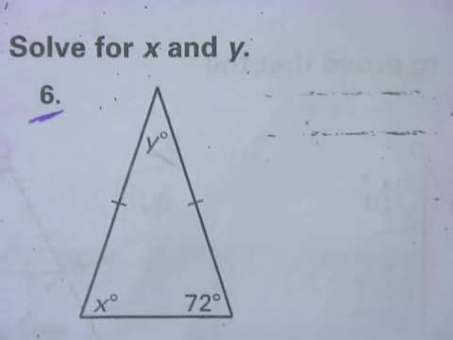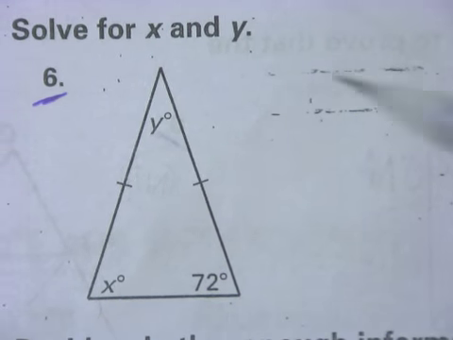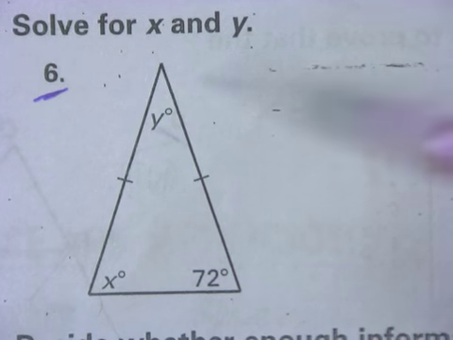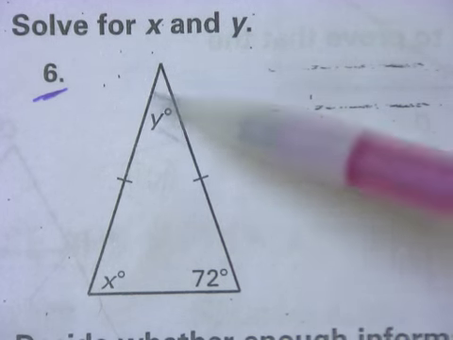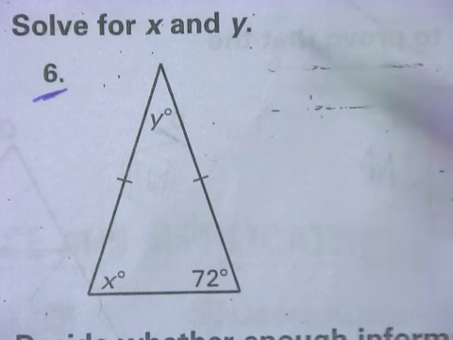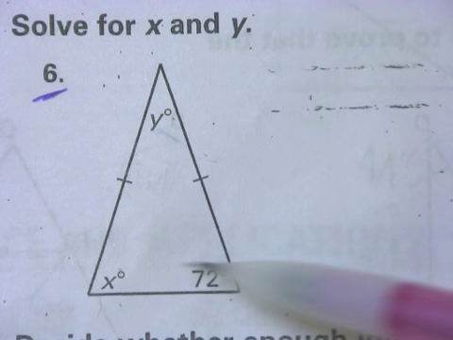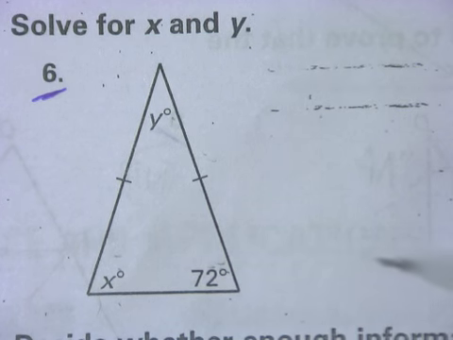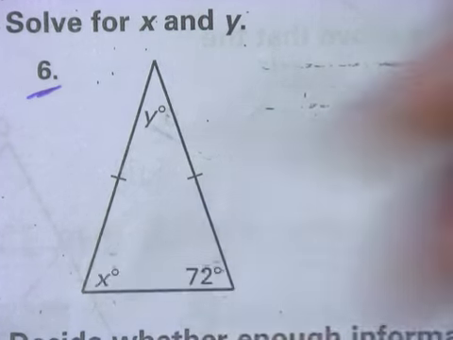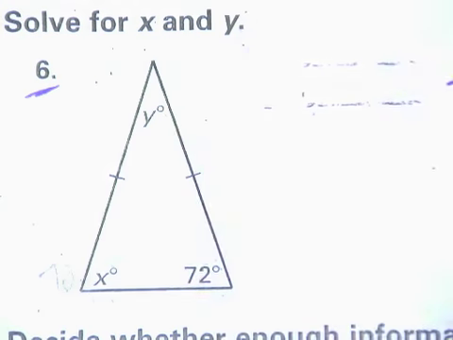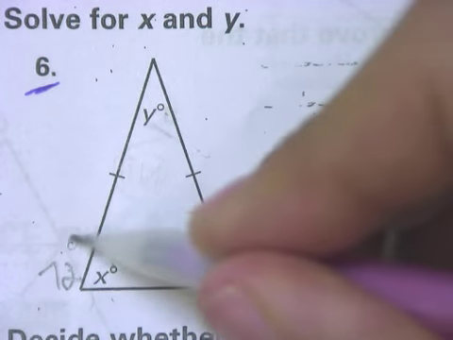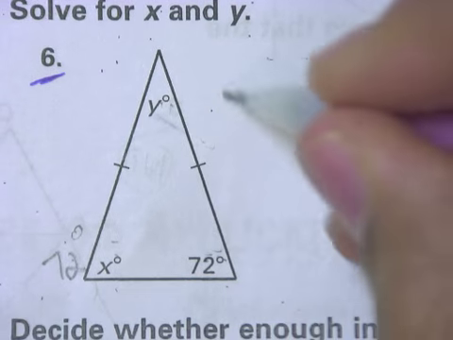Now, guys, we're moving on to page 85, questions 6 through 14. And again, they're asking us to solve for x and y. Please remember that these triangles are isosceles triangles. So I know that this is the vertex angle. I know that these are the base angles, and they are congruent. So if this is 72 degrees, I know that x should be 72 degrees.